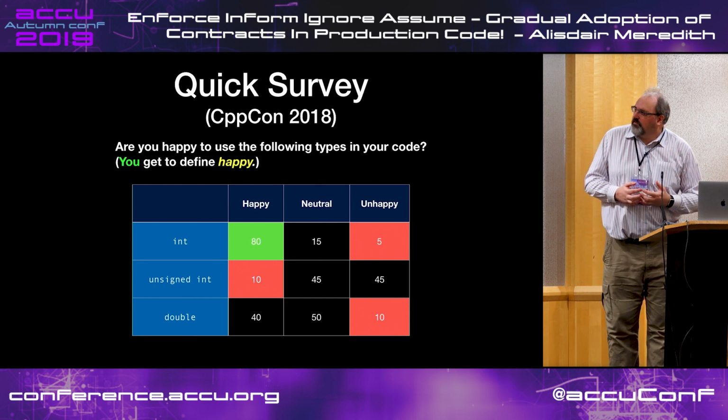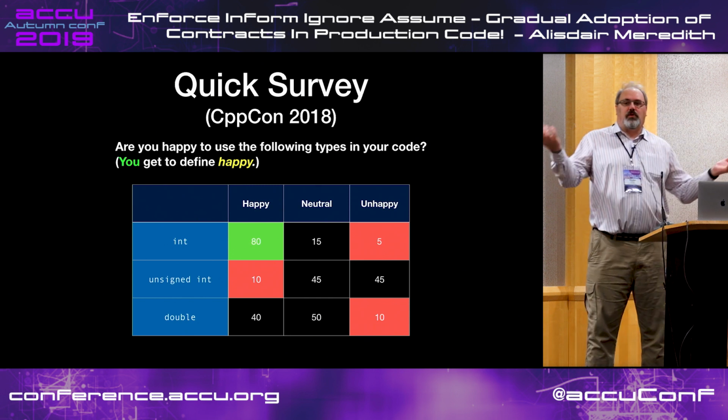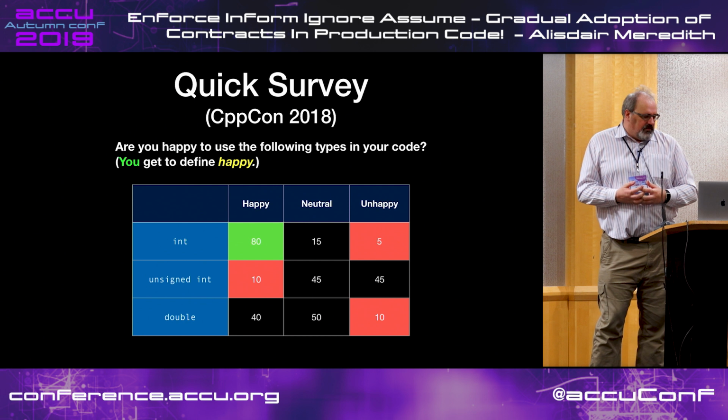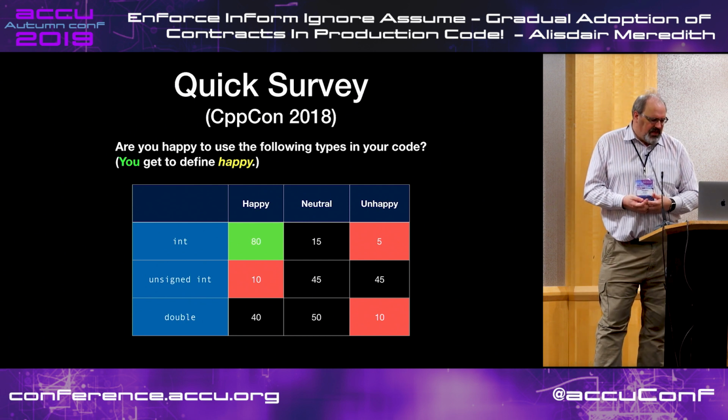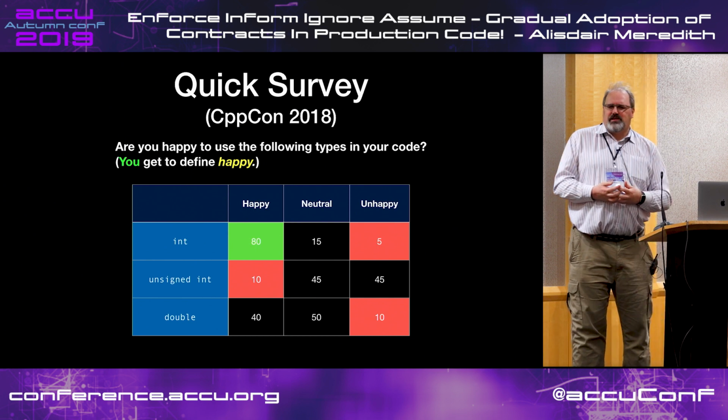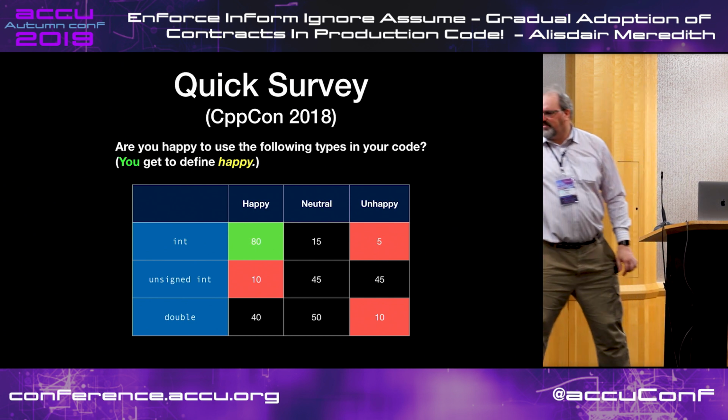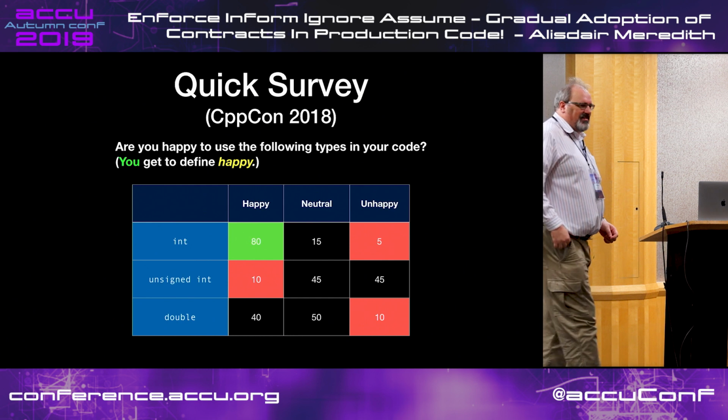These were the general results I got from CppCon: everyone loves int. There was not a whole lot of love for the unsigned int going around, and I was really concerned about how much love there was for double, because I was definitely in the 10% down here on the double.